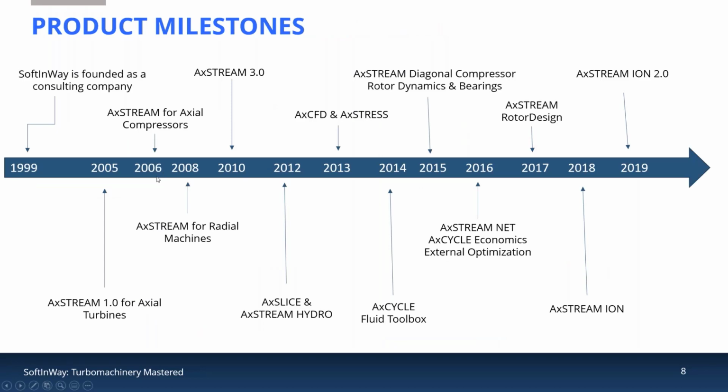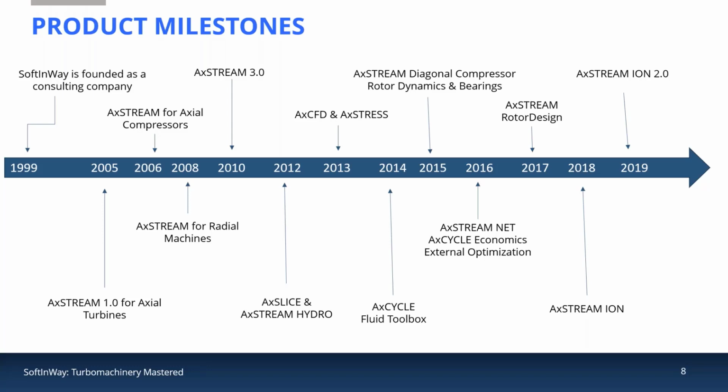So this slide here really shows the evolution of Axtreme as a whole. What's important to note here is that everything you see on this slide came about due to a client's need or request. For example, AxSlice we developed because we had a client that needed a quick way to export blade geometries and profiling. At the time, there was nothing on the market that was able to effectively do this, so we developed that specific module with them in mind.